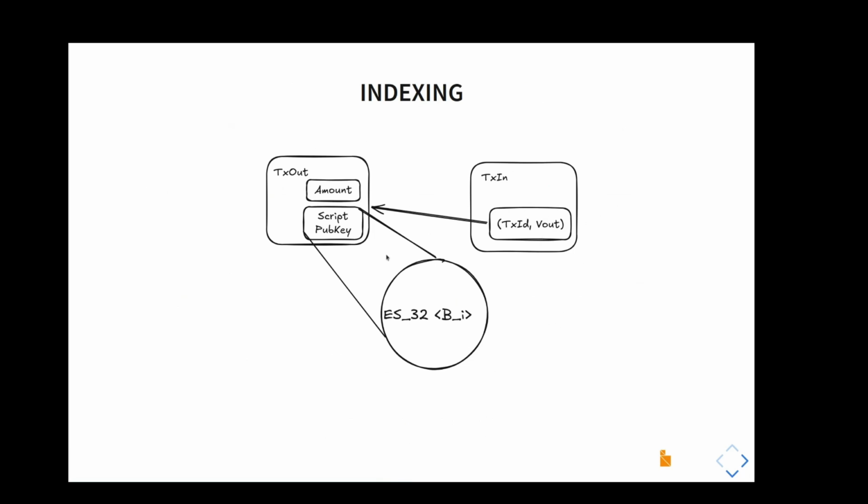So the data is embedded in the script pub key, and there are the public keys of the transaction inputs that we are spending. So to be able to save the data that we need to spend the silent payment outputs that we receive, we should be able to look at these script pub keys and get the public keys embedded there.